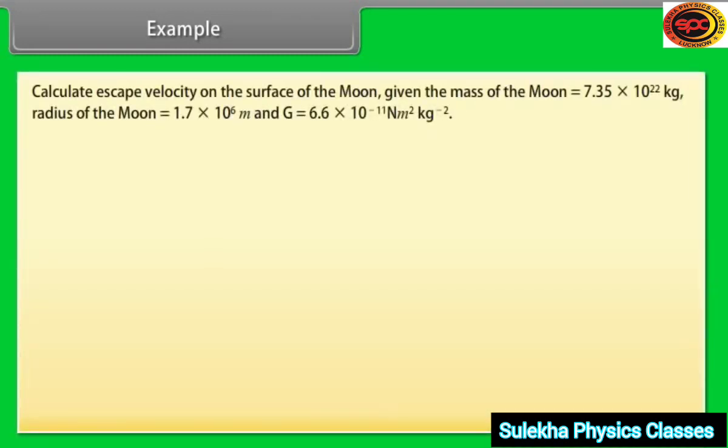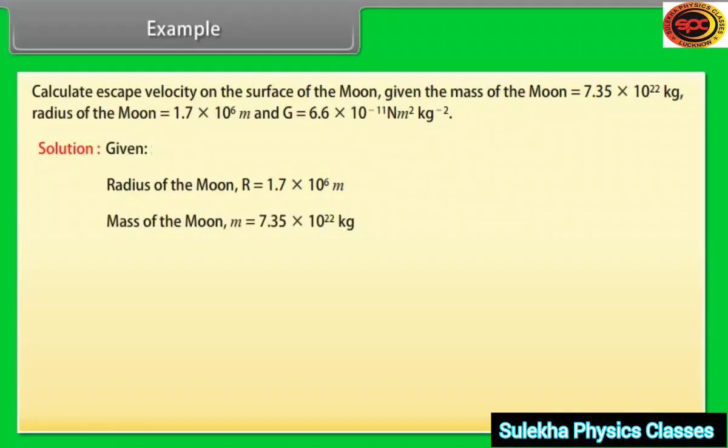Example. Let's take an example of escape velocity. Calculate escape velocity on the surface of the Moon, given the mass of the Moon, radius of the Moon and value of g. Let's see the solution. Given radius of the Moon r = 1.7 × 10^6 meter.